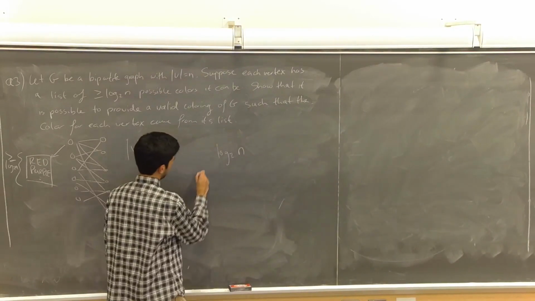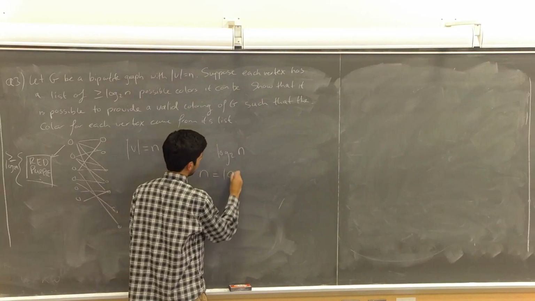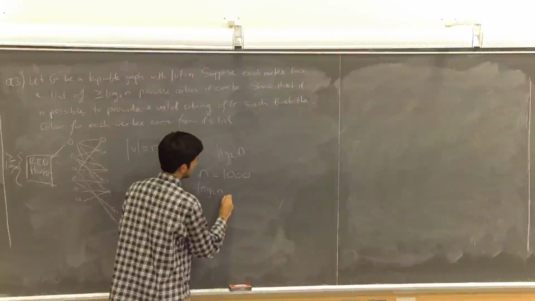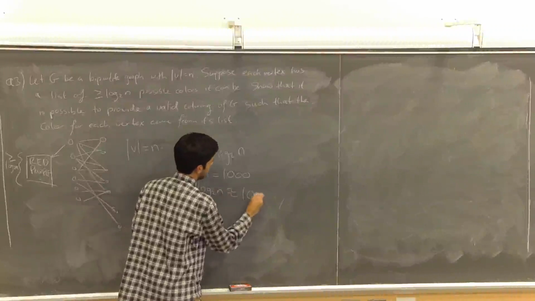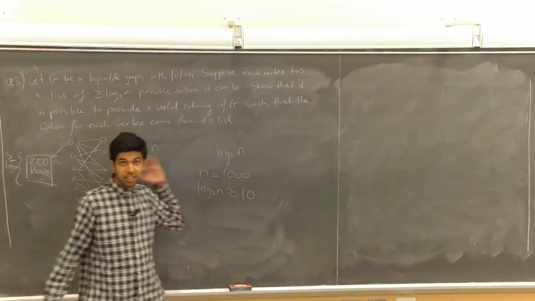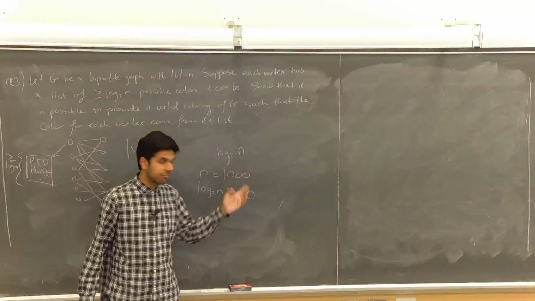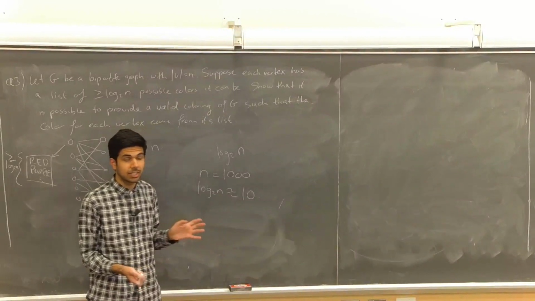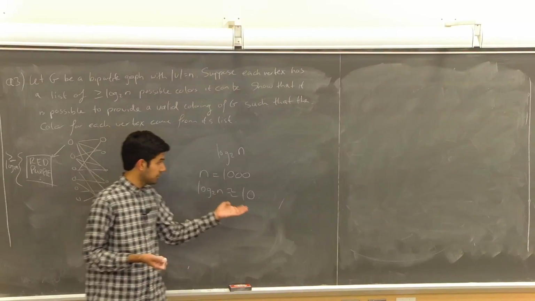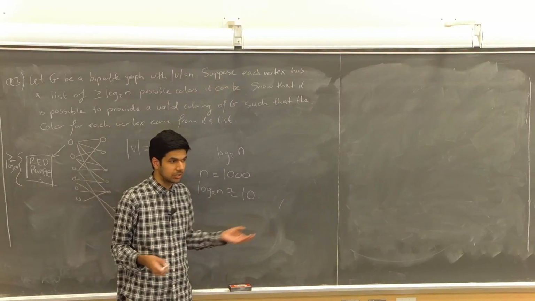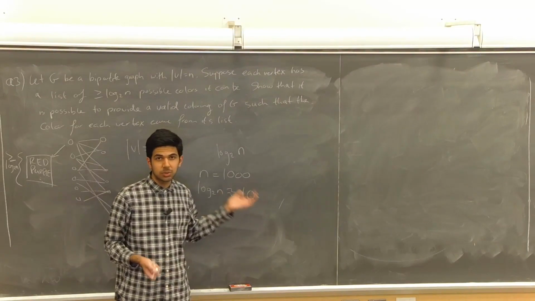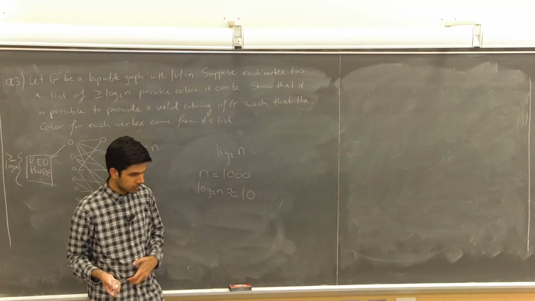For example, when n is equal to 1000, log base 2 of n is approximately equal to 10. So if we have 1,000 vertices in our graph, each vertex will have a minimum of 10 colors that it could be. All of them could just have 10 possible colors, and you have very few options. So that's when things will get a lot more tricky.